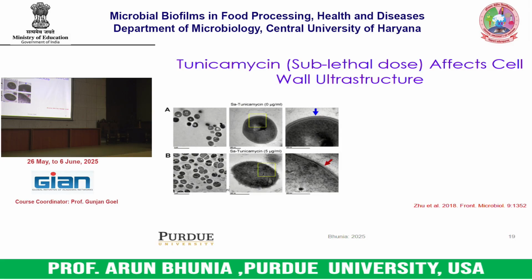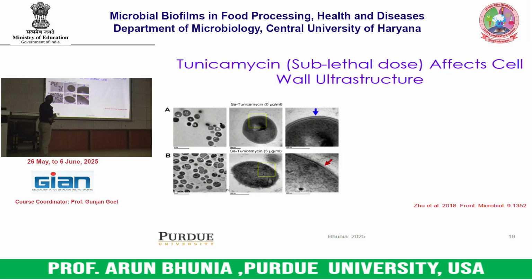First of all, we use Staph aureus and Listeria. So this zero amount of tunicamycin is the control. If you look at the cell morphology, it's still maintaining a round shape, and you can see the cell wall and cytoplasmic membrane pretty clearly. Okay.